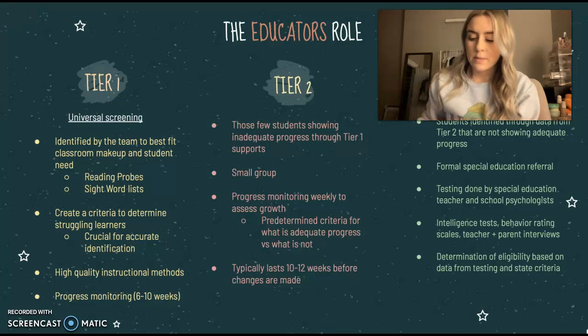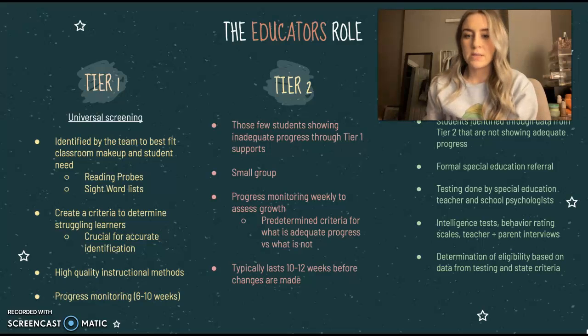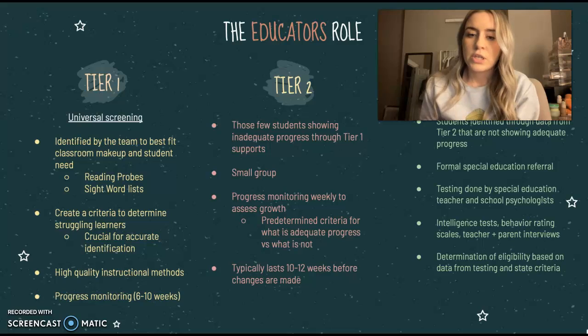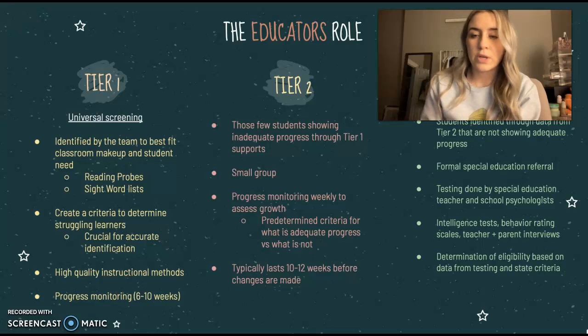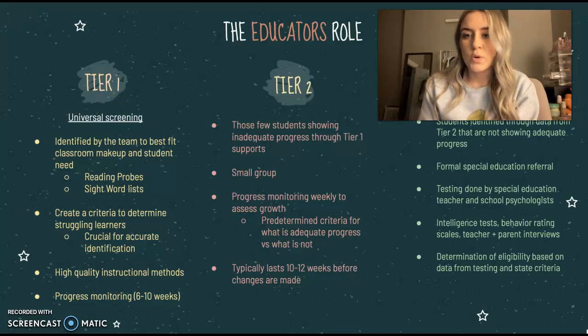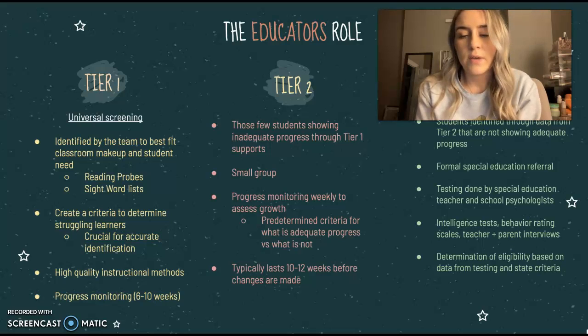Typically, you would be staying within Tier 2 for about 10 to 12 weeks before changes are made. It's important to give students time to adjust to the intervention and show what they know. Students go up and down for different reasons, and so giving them adequate time to show their growth is important within Tier 2.